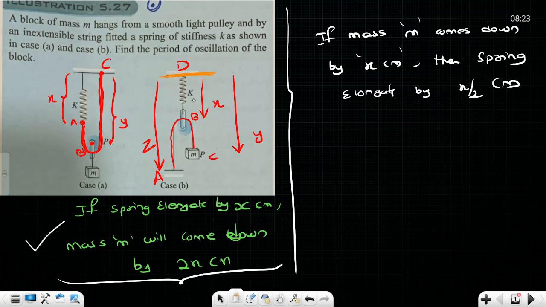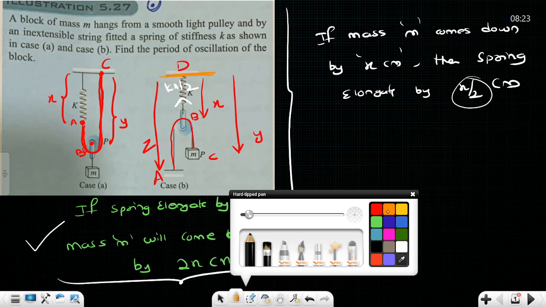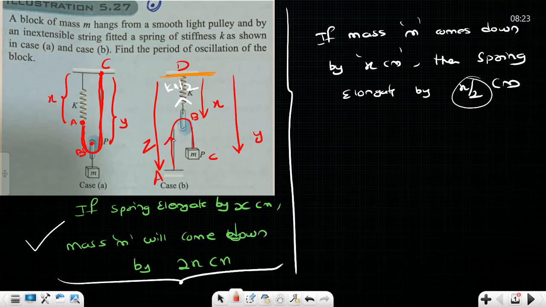Now the restoring force, since spring elongated by x by 2 centimeters, the upward restoring force is kx by 2. According to the logic, here there will be some tension, here there will be some tension. So 2T will be equal to kx by 2, tension will be kx by 4. Therefore, restoring force in the mass m is tension.